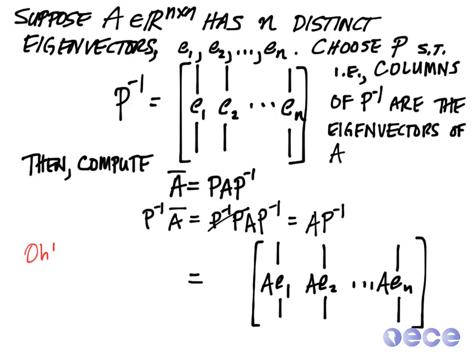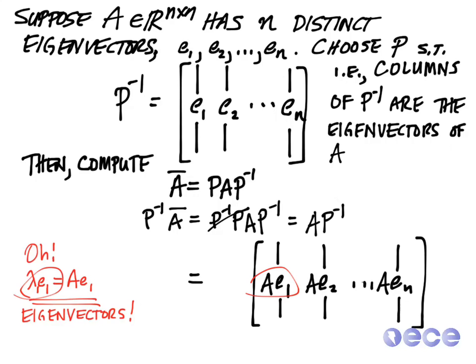But just a few seconds ago, I showed you that lambda 1 times e1 is equal to A times e1. These are the eigenvectors and eigenvalues of A. So I can take everywhere where I see A e1 here and replace it with lambda 1 e1, because of the fact that I created P based on eigenvectors.